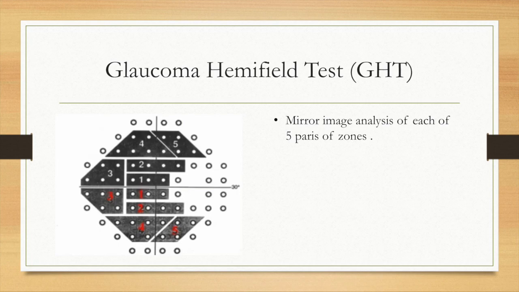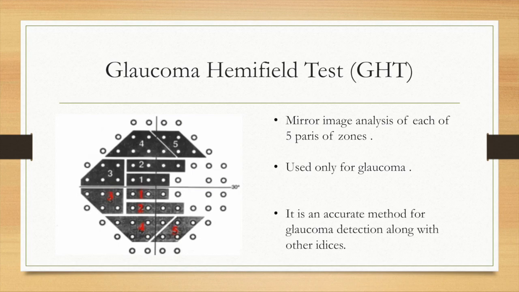These 5 zones are compared with the similar 5 zones in the other hemifield, and it is used only for glaucoma, and it is an accurate method for glaucoma detection along with other indices, and it's very important to look at the glaucoma hemifield test while evaluating the glaucoma visual field.